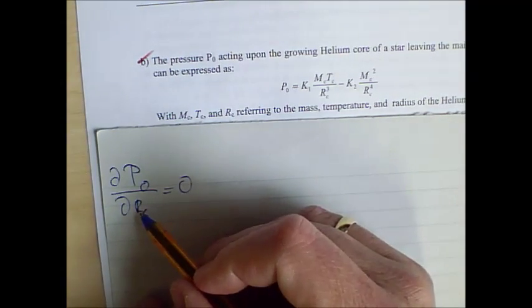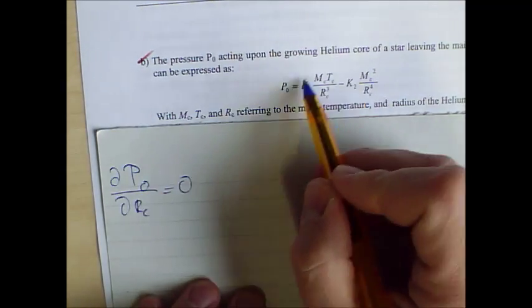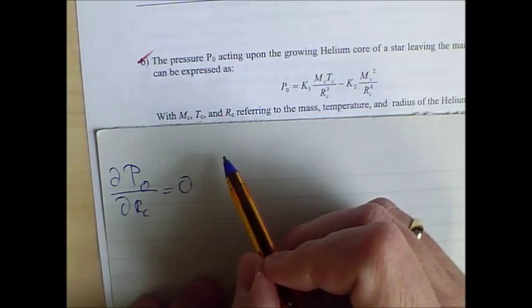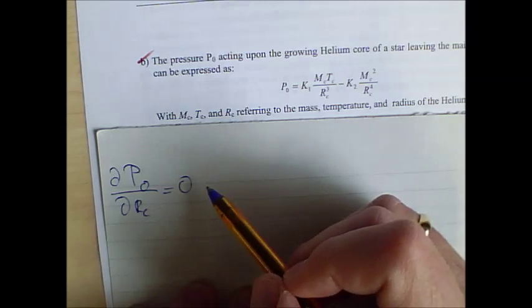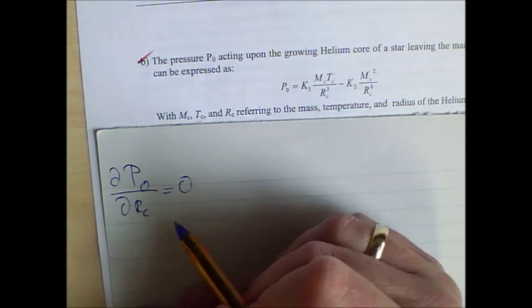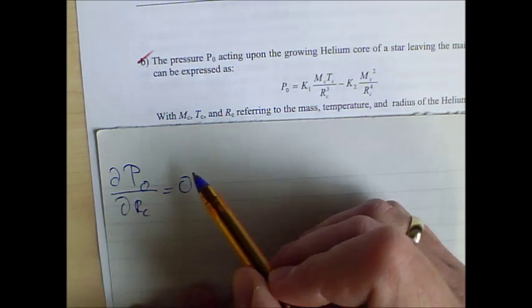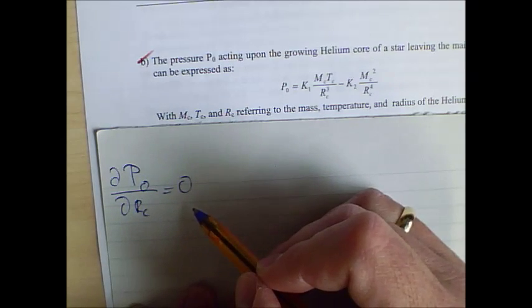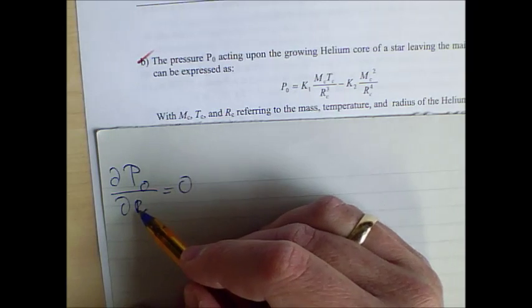The partial derivative of this with respect to the radius of the core, set to 0, will give us an extreme value. If you want to, but it's not required here, you could discuss why this is a maximum rather than a minimum, but in the usual case it's sufficient to show that this is an extreme value. So when's that equal to 0?